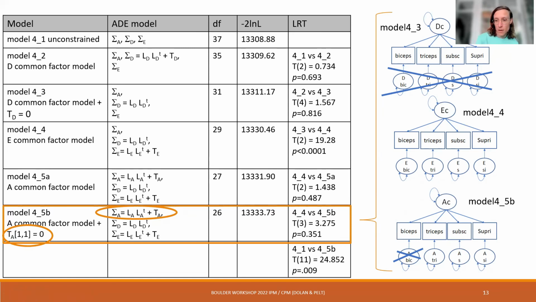So it seems that there is a common additive factor influencing all the phenotypes, and that there's no unique additive genetic effect on biceps. Finally, as I said earlier, we can compare this final model 4.5b with model 4.1, the fully unconstrained ADE model, and we see that the model fits reasonably well.